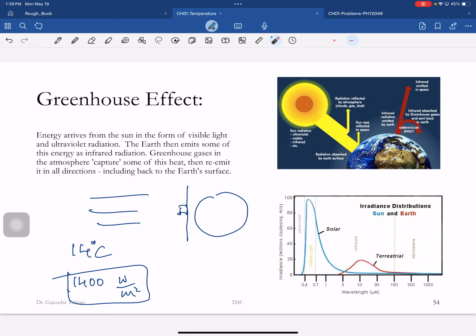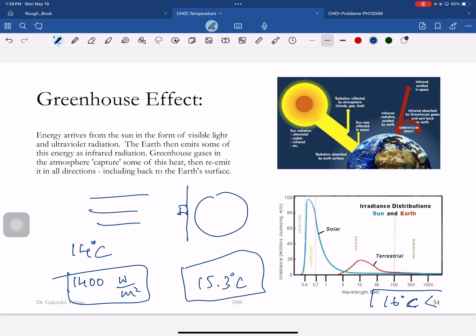Now we've been radiating less for the last 50 years, and the Earth has been warming up. The current temperature is about 15.3 degrees Celsius. We want to be below 16 degrees Celsius.